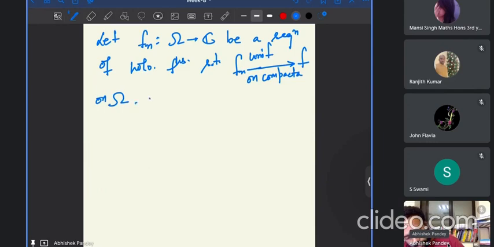So clearly F is continuous. There is no doubt in this one. So basically the idea is to use Morera's theorem.